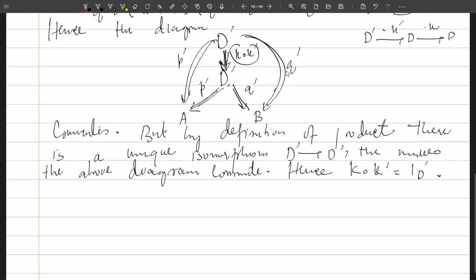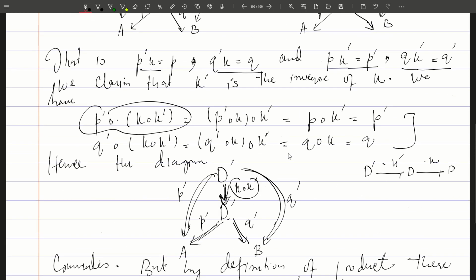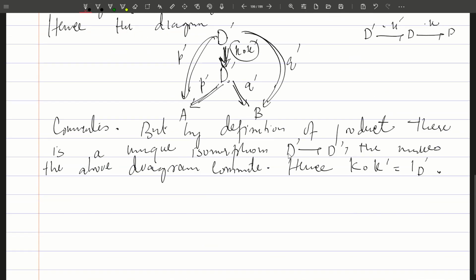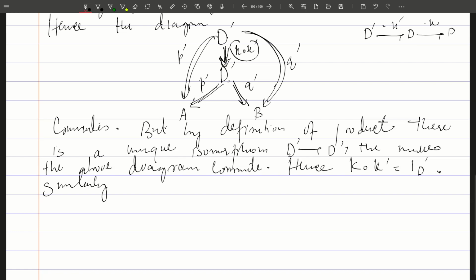Similarly, by taking the map K prime composite K, we can show that K prime composite K is the identity map on D. So now if this is the case, that means K is an isomorphism with inverse K prime.